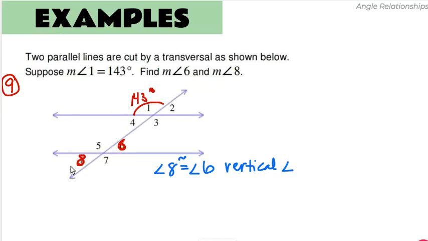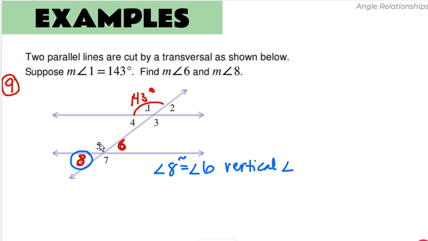So if 8 and 6 are going to equal each other, all I have to do is find angle 8 or angle 6, and I'll be able to find the other because they're equal. So I would pick either 8 or 6. Which one do you want to find the measurement of? Let's say you want to find 8.